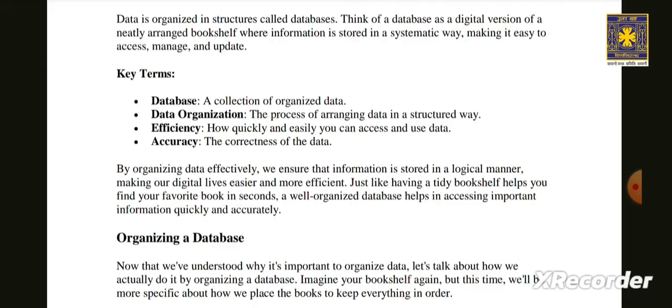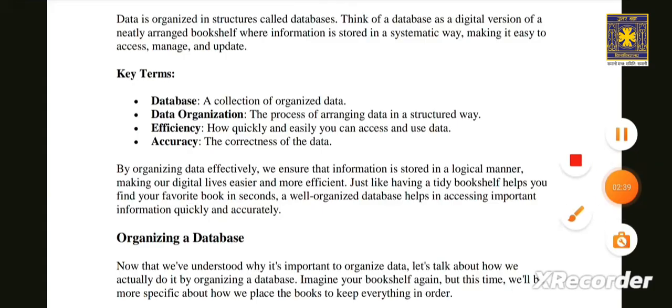So in summary, data organization involves arranging information systematically in a database. This process enhances efficiency and accuracy, ensuring that data is easily accessible and reliable. By understanding and applying these concepts, we can better manage our digital information, just like keeping a tidy bookshelf at home.